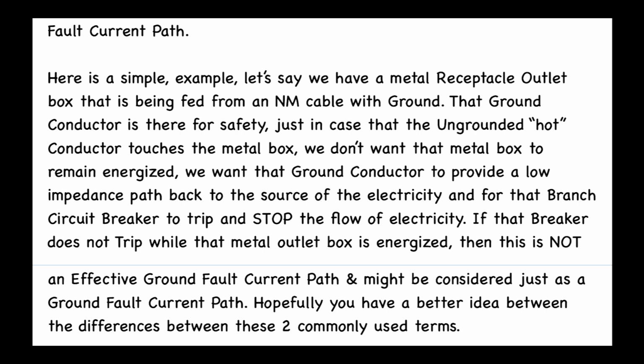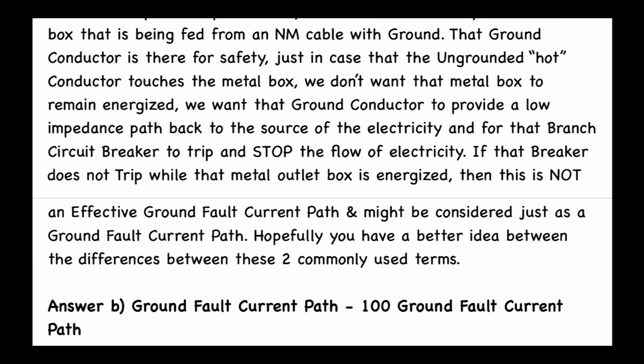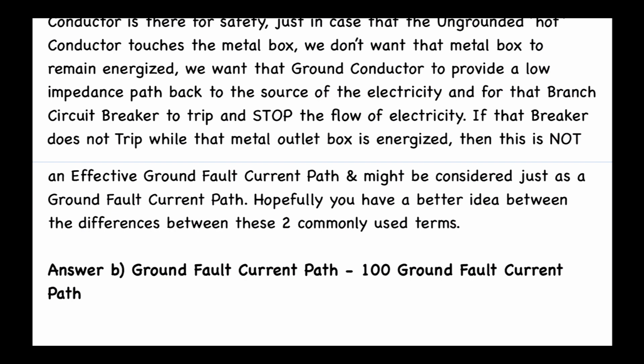We want that ground conductor to provide a low impedance path back to the source of the electricity and for that branch circuit breaker to trip and stop the flow of electricity. If that breaker does not trip while that metal box is energized, then this is not an effective ground fault current path and might be considered just a ground fault current path.